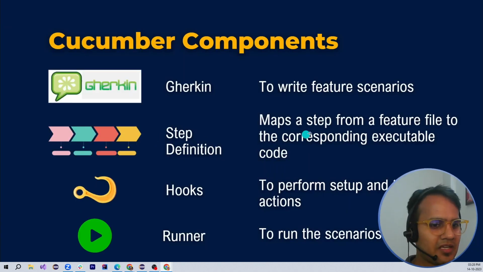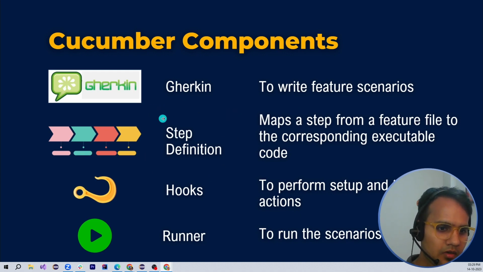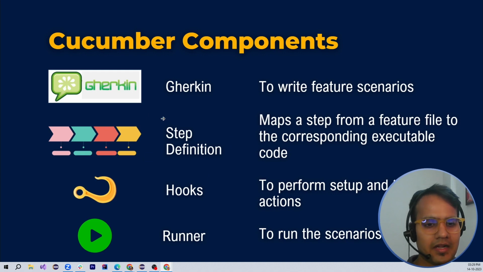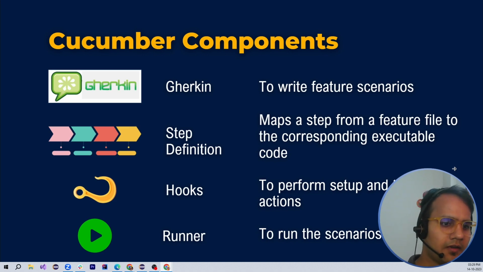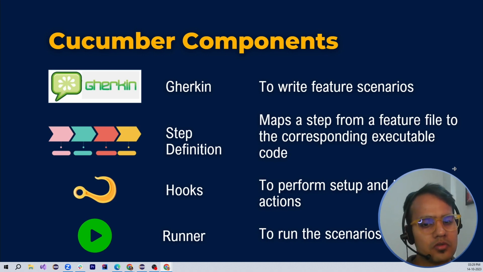Step definitions. In order to perform all those actions we had said in Gherkin language, we need to give some code behind that, right? If I say, user opens the Chrome browser, we have written this in plain English, but how are we going to tell automation tools like Selenium to open the browser?